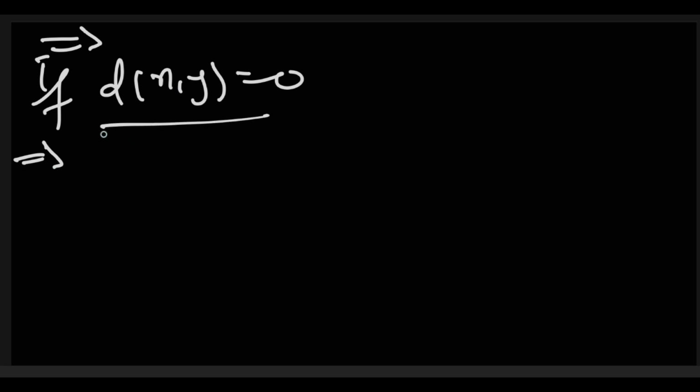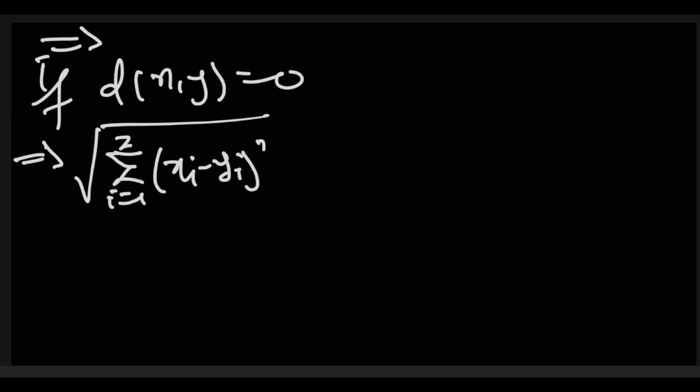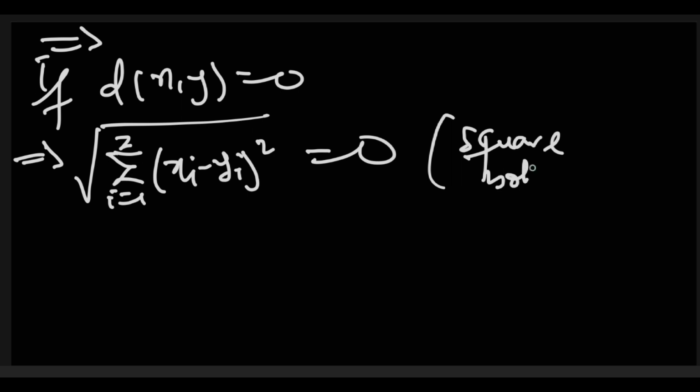It's saying the square root of the sum from 1 to 2 of xi minus yi squared is equal to 0. Square both sides.